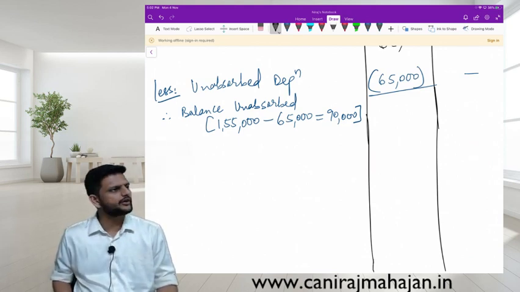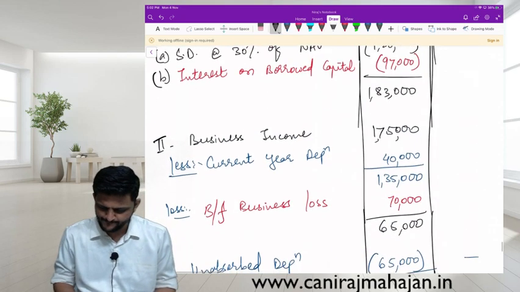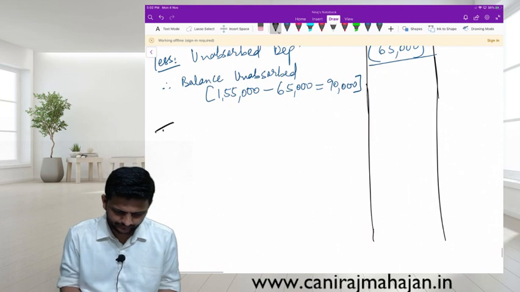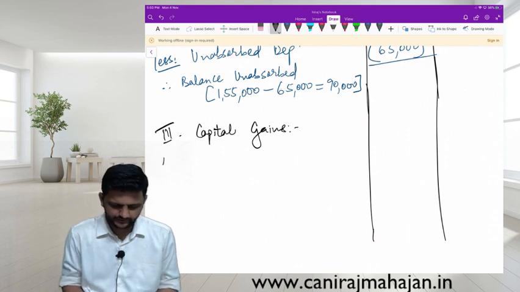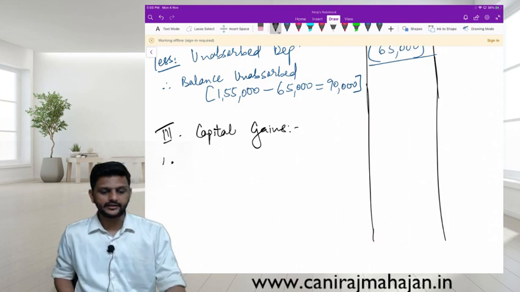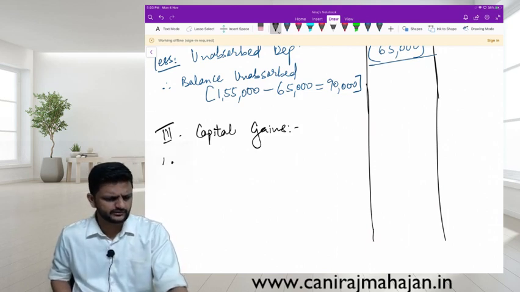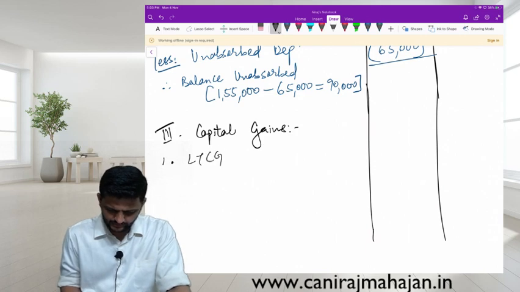Okay, now again which head of income? Capital gain, no? Capital gain. First one under that. Shall we? LTCG, it is computed. So good for you. Sale of debentures.